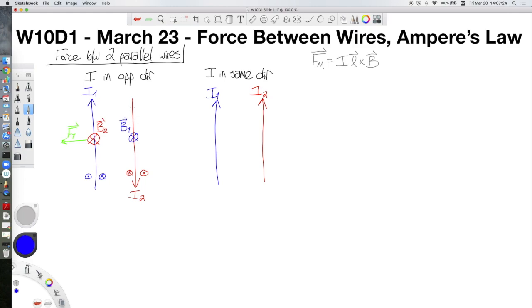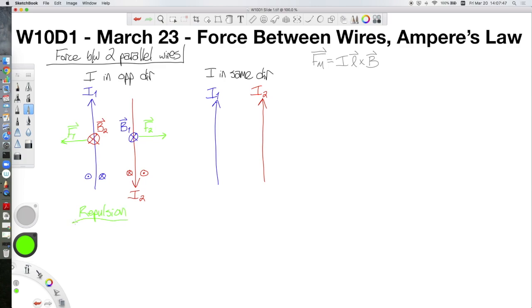I'm calling that B1. So we can do our first right-hand rule and find that F2, the force on wire 2, acts to the right. So when current is in opposite directions, we get a repulsion between the wires.